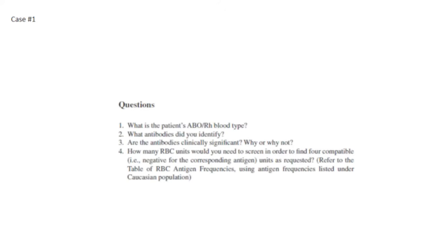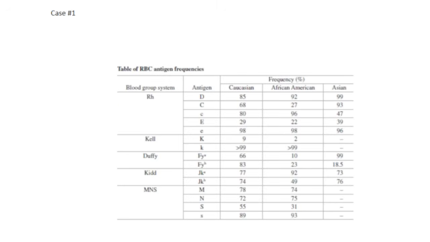Next question, how many RBC units would you need to screen in order to find 4 compatible units, i.e. negative for the corresponding antigen, in this case, big E negative units, as requested? For this, we would need to refer to the table of RBC antigen frequencies. When we look at that, we see that approximately 29% of the Caucasian population carry the Rh big E antigen, and 71% do not carry it.